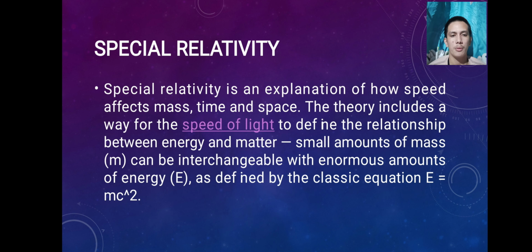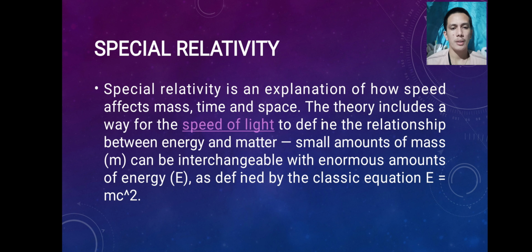To start off, let's talk about the basic premise of special relativity. The theory was developed by Albert Einstein in the early 20th century and revolutionized our understanding of the universe. It is based on two postulates.